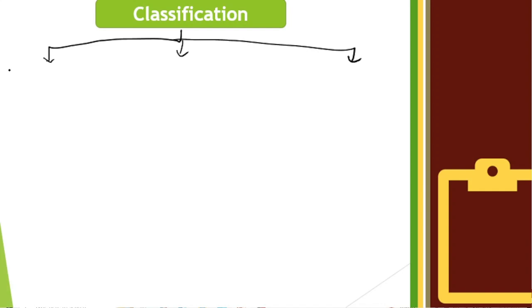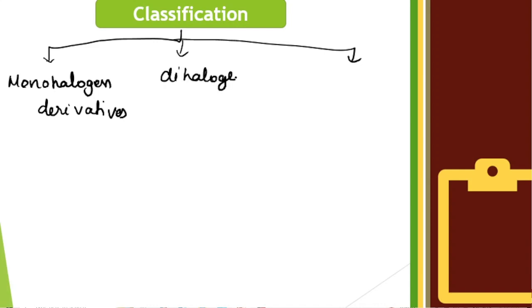First one is monohalogen derivatives. Second one is dihalogen derivatives. Third one is trihalogen derivatives.